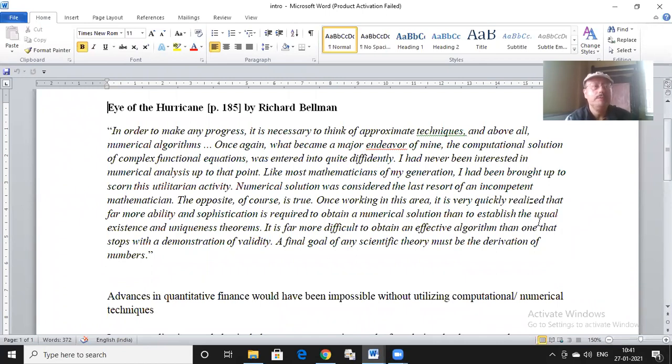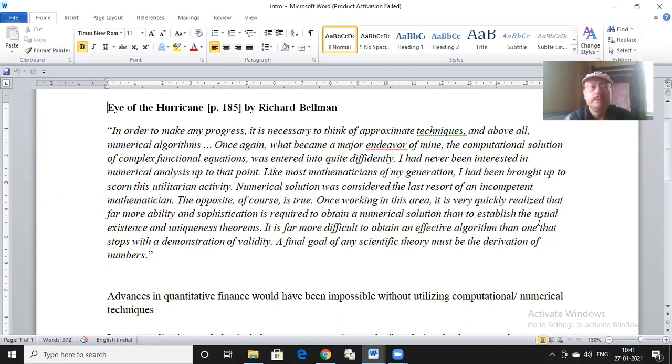He says that in order to make any progress, it is necessary to think of approximate techniques and above all, numerical algorithms. And once again, what became a major endeavor of mine, the computational solution of complex functional equations, that was his research interest, was entered into quite diffidently.